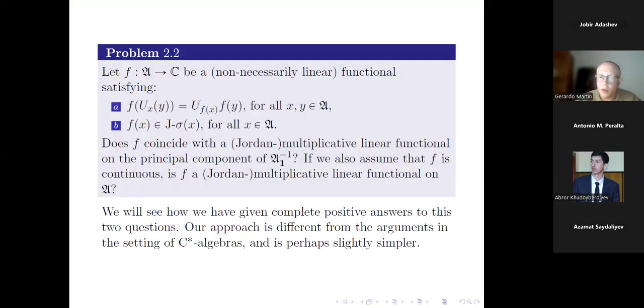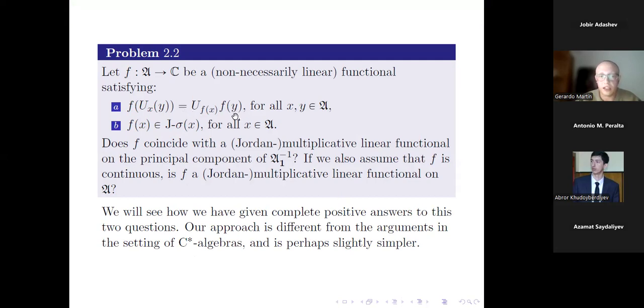The problem we will try to solve is the following. We consider a functional f, not necessarily linear, on a Jordan algebra, satisfying that f of the U operator of x evaluated at y is equal to the U operator of f of x evaluated at f of y.